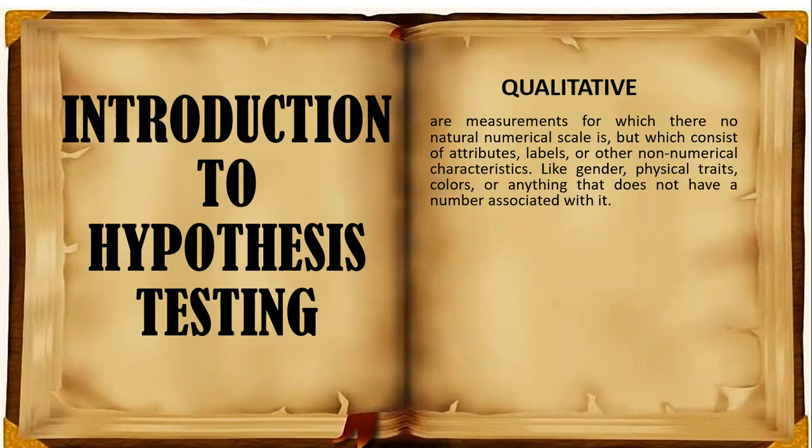Based on the definition, qualitative refers to measurements for which there is no natural numerical scale, but which consist of attributes, labels, or other non-numerical characteristics like gender, physical traits, colors, or anything that does not have a number associated with it. So meaning, class, the keyword for qualitative is that it is expressed in words.